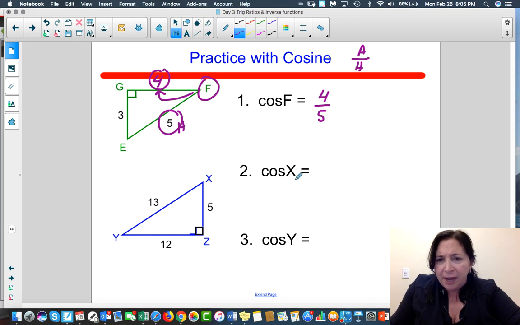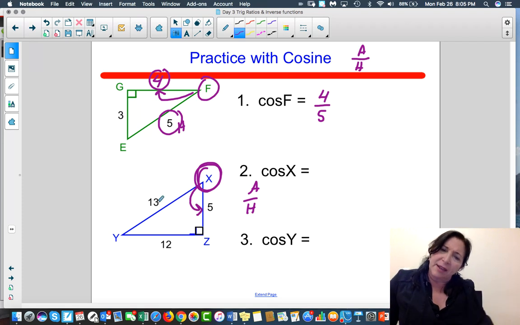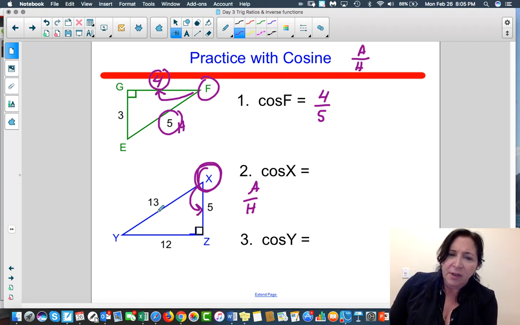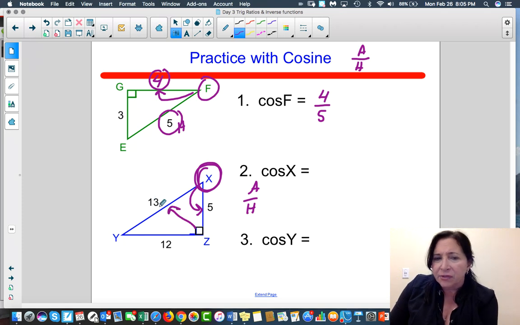Now, to find cosine of x, again, adjacent over hypotenuse. So here you put yourself at x. The adjacent side is 5 because the other side that's connected to my vertex is 13, but that value can't be an adjacent side because it's already a hypotenuse. So the adjacent side is going to be 5 over my hypotenuse, which is 13.